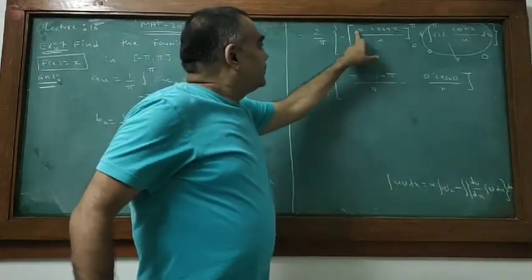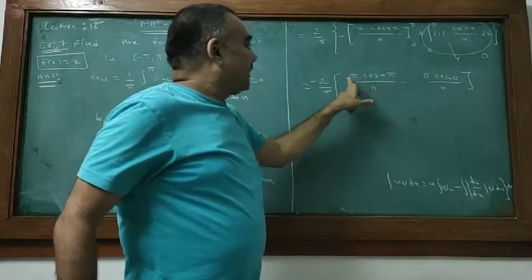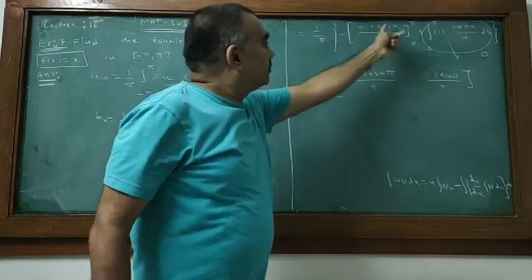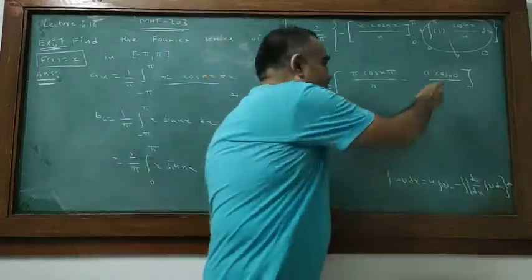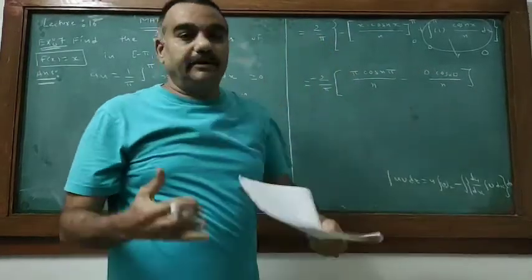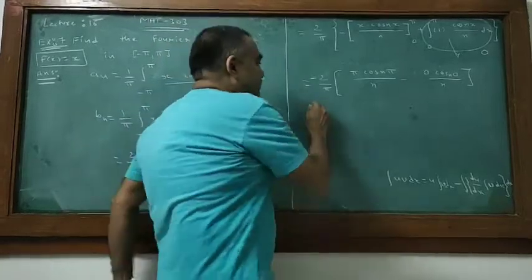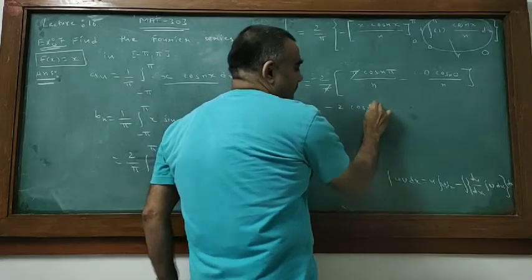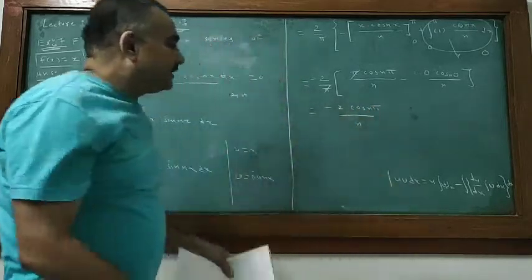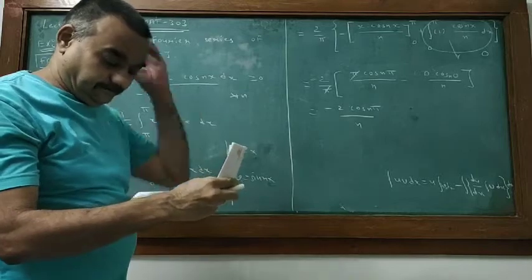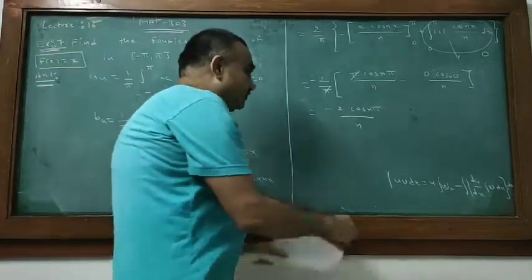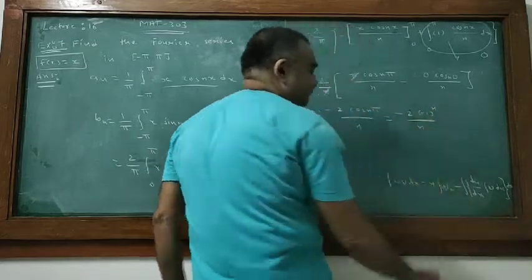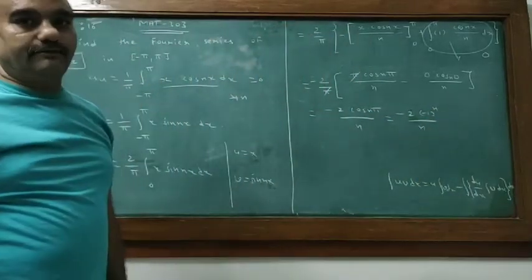At x equal to pi it is pi cos n pi upon n. In the second one it is 0, cos n into 0 is 1, but this is multiplied by 0 and therefore it is not in the calculation. So pi will be cancelled, and this is equal to minus 2 cos n pi, which is minus 2 times minus 1 raised to n.